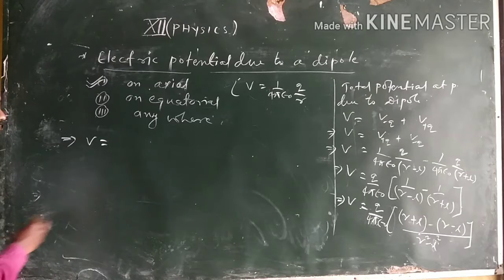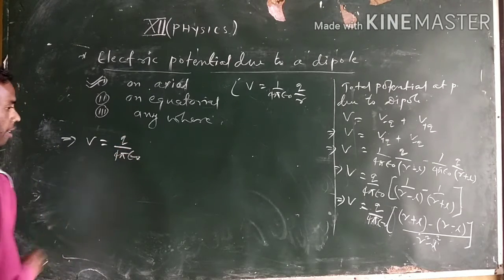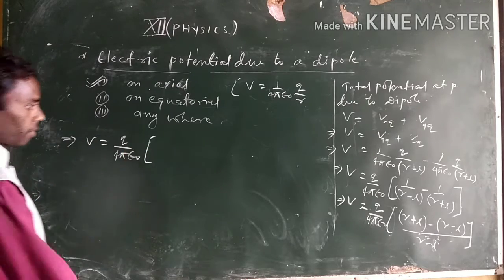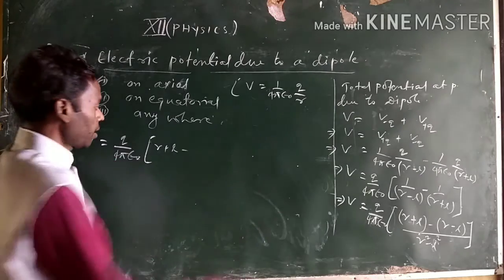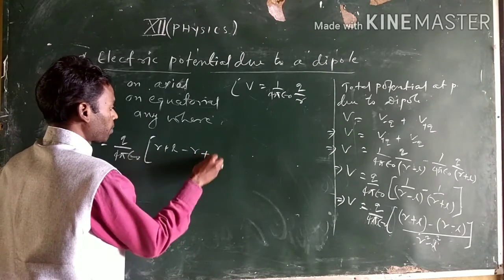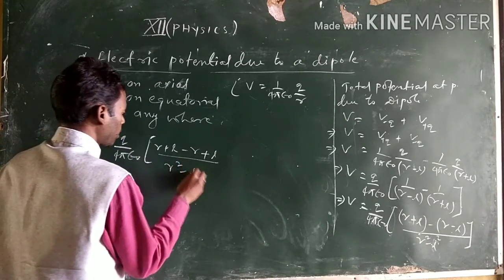Our potential is equal to q by 4 pi epsilon naught. We have to write as it is. Here R plus L minus, we have to open that bracket, R minus, minus plus will be there, okay, divided by R square minus L square.